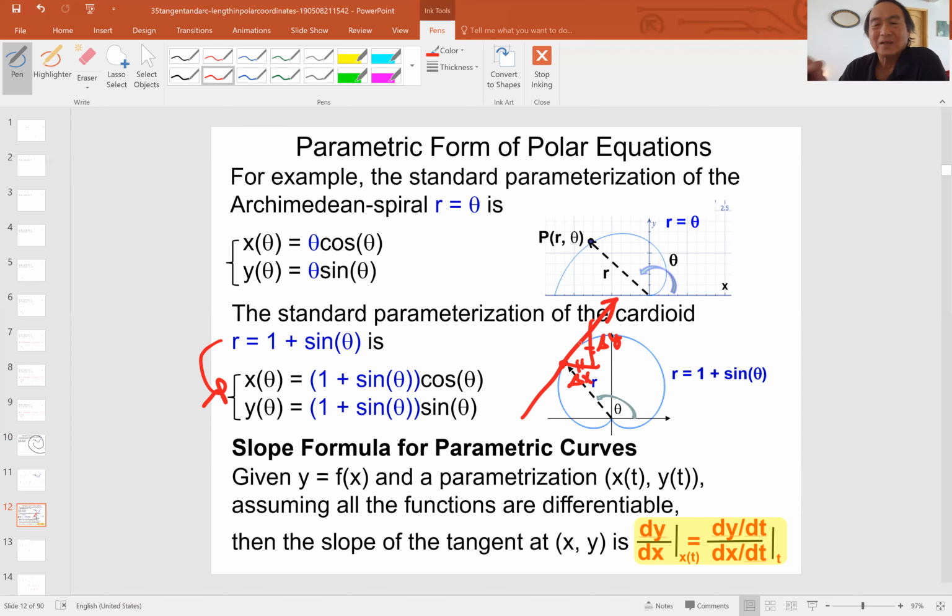And how does this delta y, delta x depend on r and theta? Every formula has r and theta, but what I want to calculate is in the Cartesian coordinates, delta y over delta x, the rise over run.